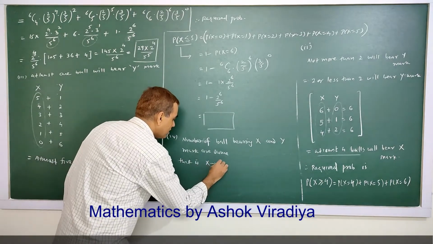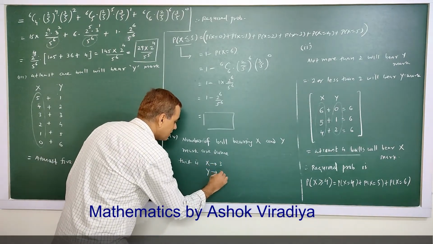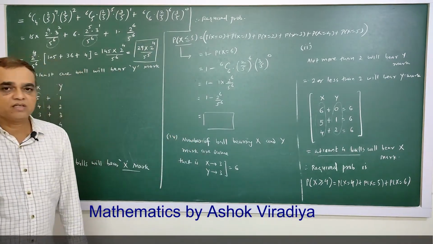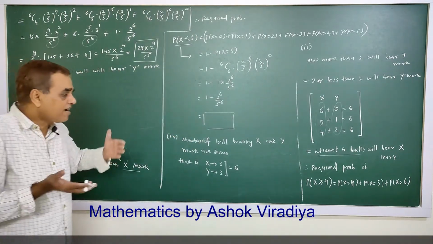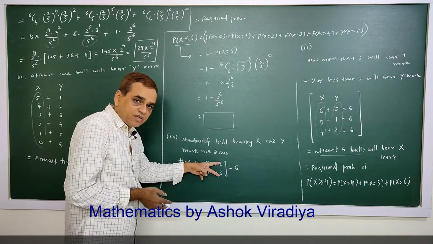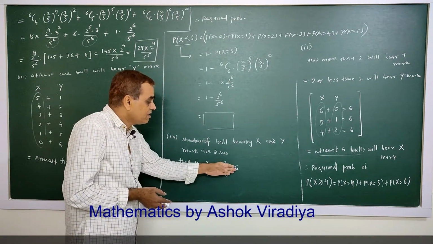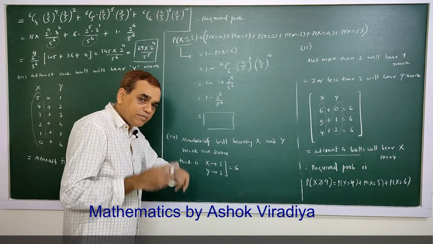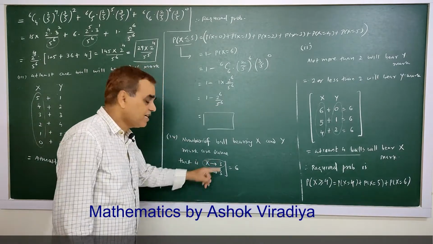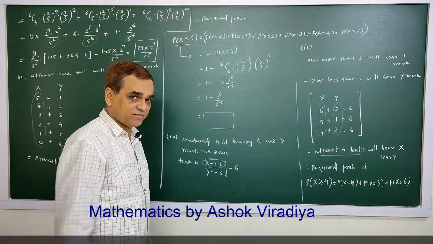So X mark ball 3 and Y mark ball 3, then it will be 6 trials. So what is the probability that the number of X mark balls and Y mark balls are same when this is performed? That means it is equivalent to, say, number of successes 3. When X is 3, at the same time Y will be 3.